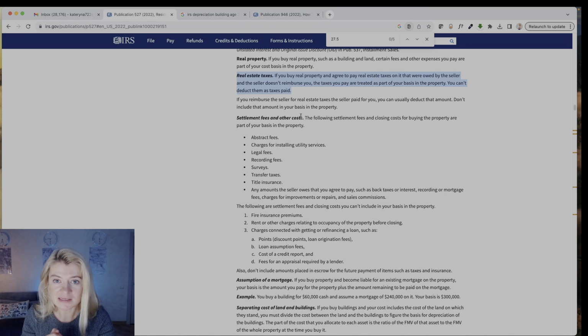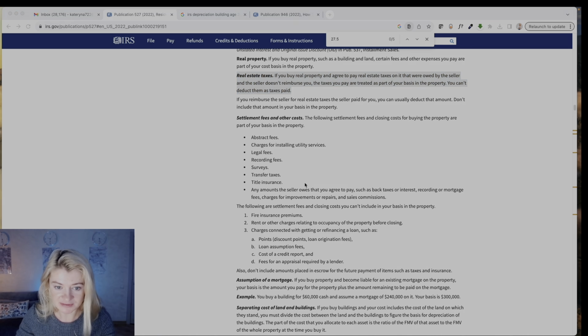If they pay real estate taxes for a period after the date they own the property, they expense it under itemized deduction or deduct it under rental expenses. But if they pay real estate taxes for a period before they own the property, they can add it to the cost as well.